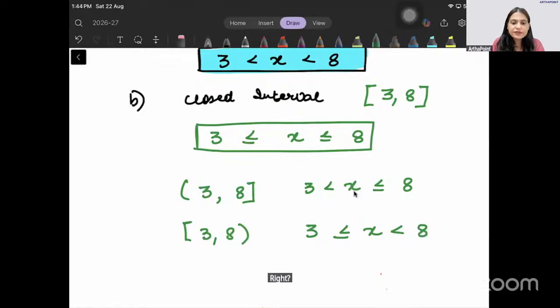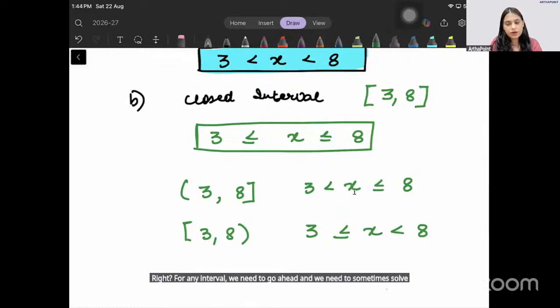For any interval, we need to go ahead and we need to sometimes solve for inequalities.